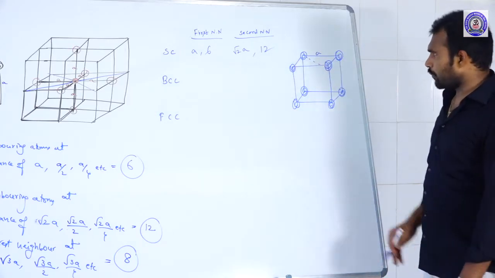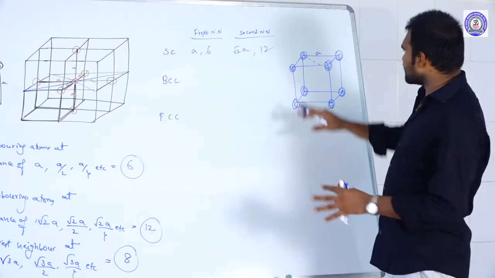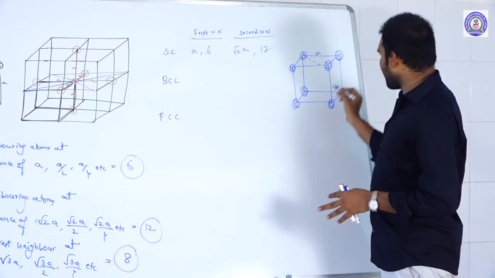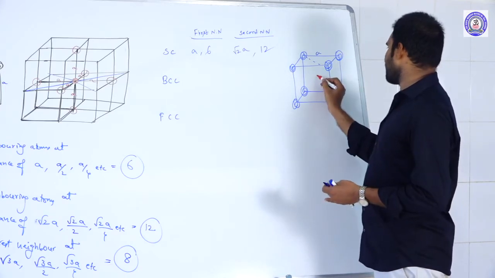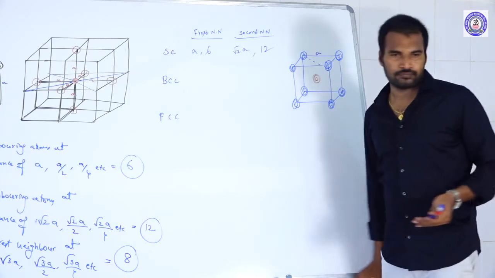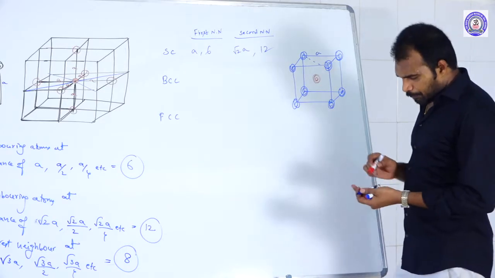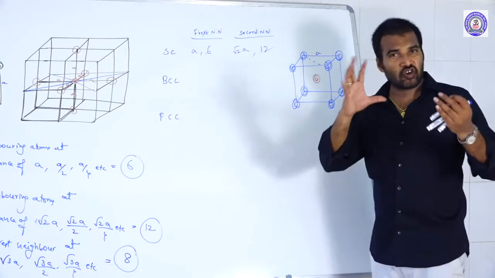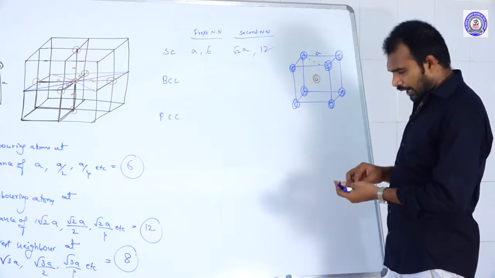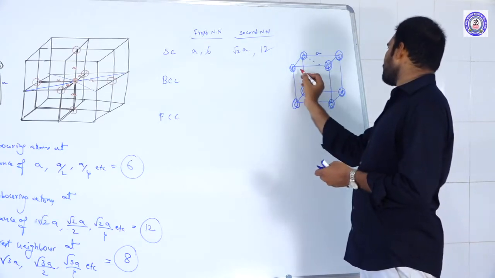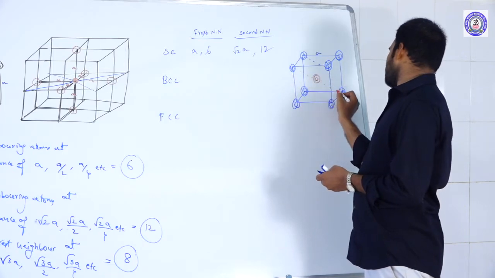Clear? Next, come to the BCC. In BCC, along with those atoms, one atom is also present at what? Center of the body. Okay, now in BCC, what is the shortest distance between them? As we know, this is A, and what is the distance? Shortest distance means they are connected like this.